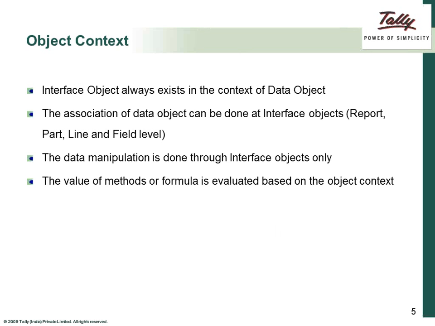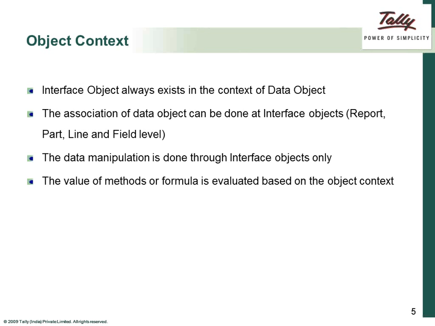So basically, every interface that we have has to be connected to a data object for it to retrieve data. There is a connectivity that I have to develop between the GUI and the backend. The establishment has to be done for showcasing the data.